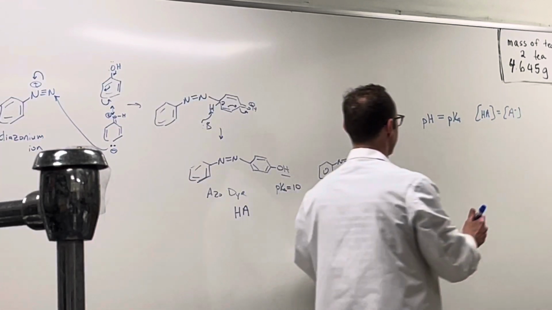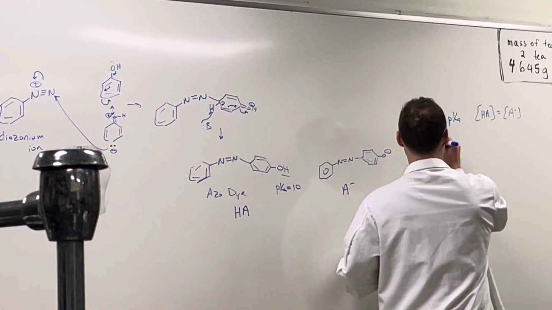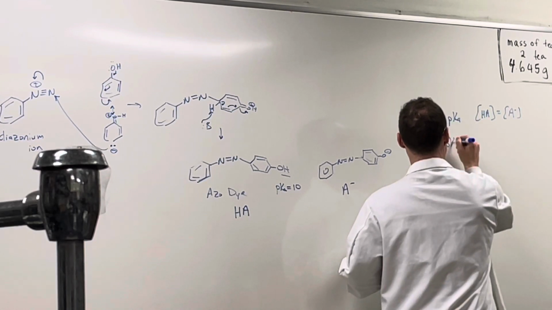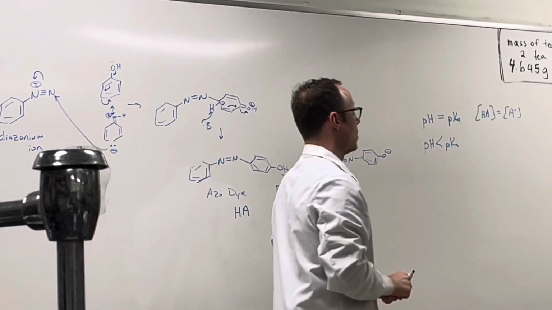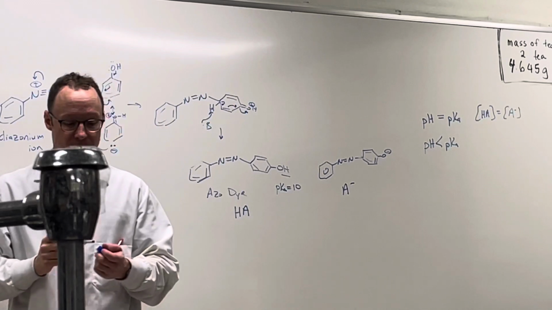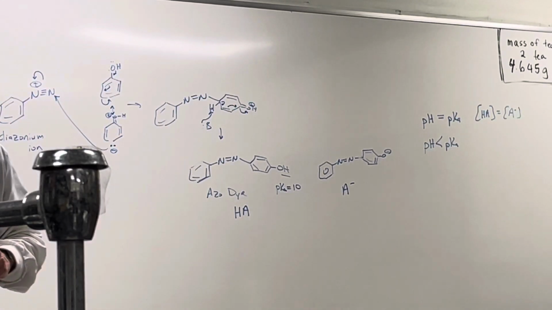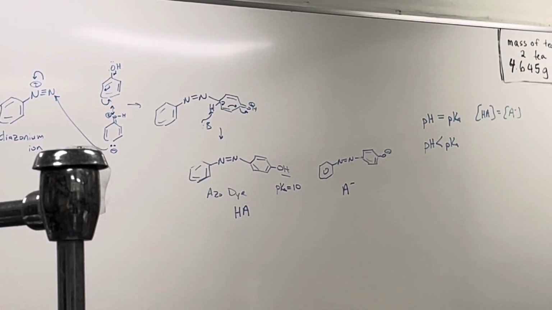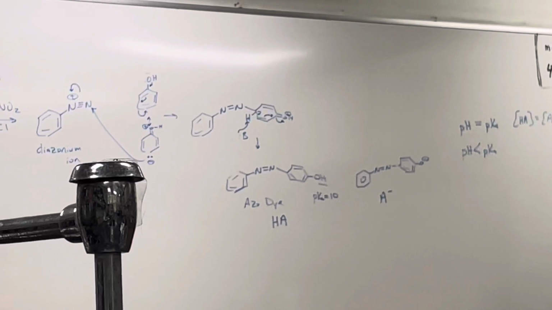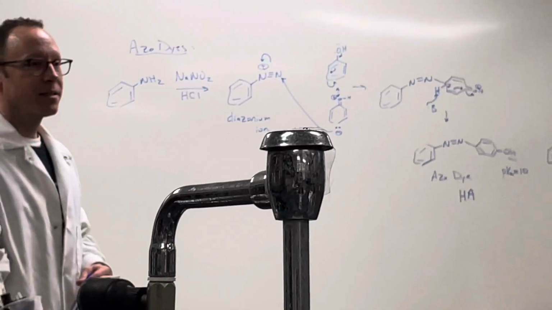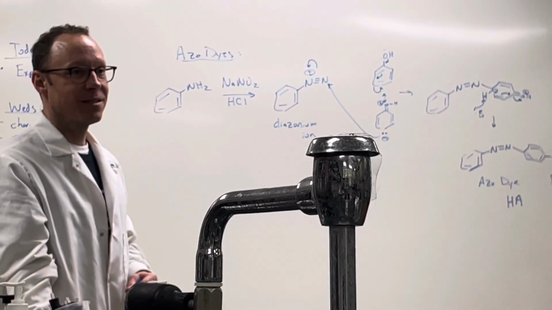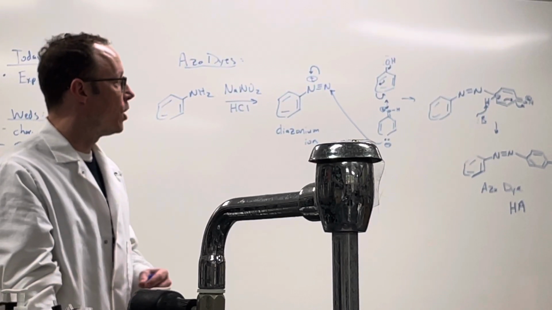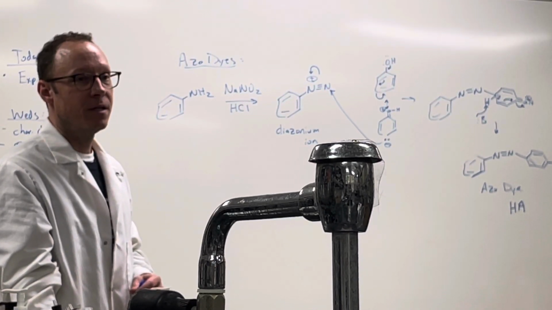So let's say, for instance, the pH is lower than pKa. So this causes people a lot of stress sometimes, trying to remember the pH-pKa relationship and relating that to protonated versus deprotonated. It's kind of a lot of mental gymnastics sometimes for people, but what I hope to show you is that it's not difficult.